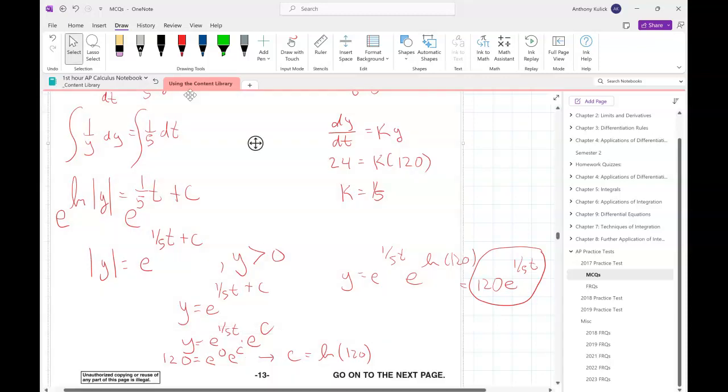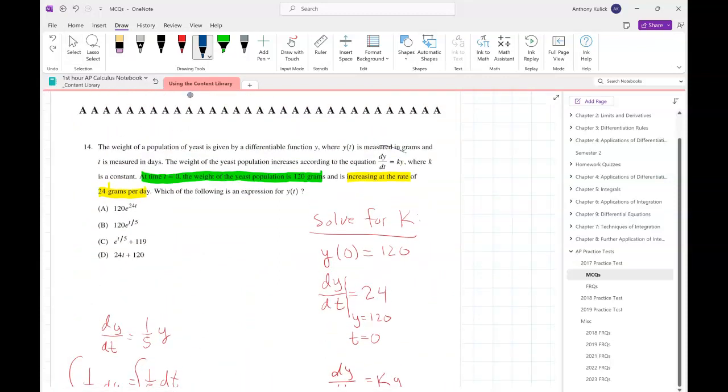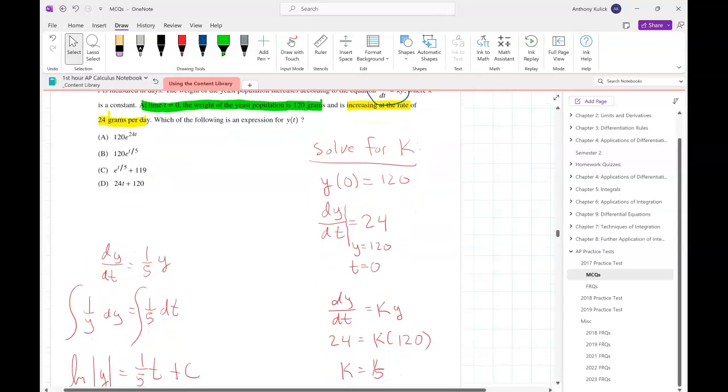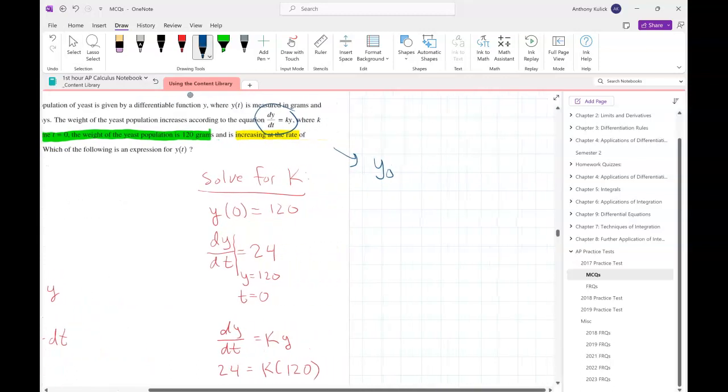Here's what I'll tell you. If my differential equation is linear, the solution to that differential equation will be exponential. So once I found my k, the coefficient is going to be the initial value.